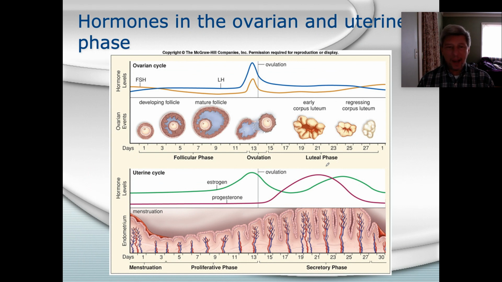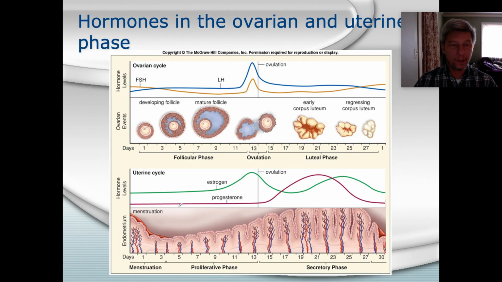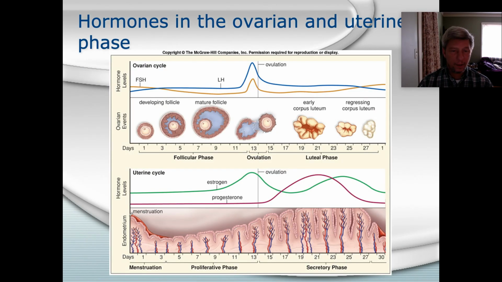This slide kind of shows both cycles at the same time. Notice, in the uterine cycle, this represents the thickness of the endometrium. So on day 1 to 5-ish, the endometrium is being shed, and so it gets thinner and thinner and thinner.